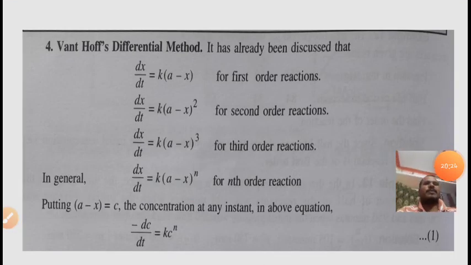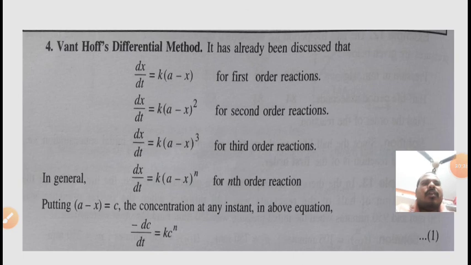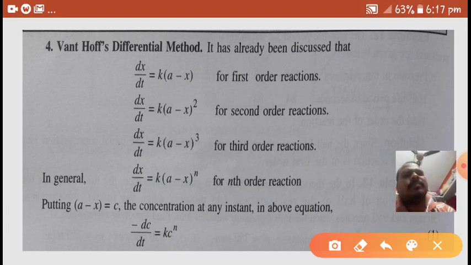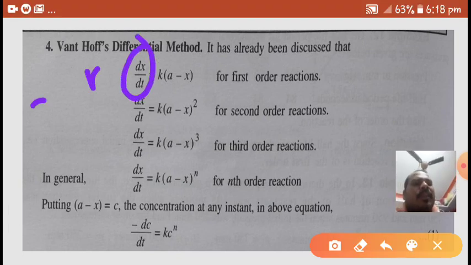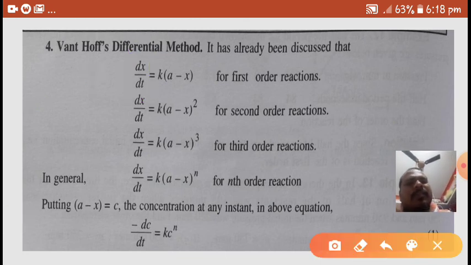The next method I am going to discuss is Van 't Hoff's differential method. We use differential equations here. Rate is nothing but dx by dt. There is a relationship between rate and the concentration of the reactant.